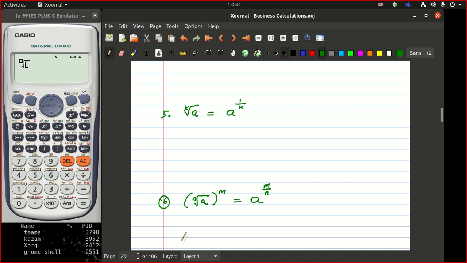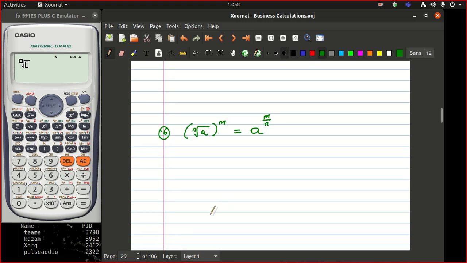And of course, the last one here that I want you to also realize, if you are having a raised to a 0, this one is just equal to 1. So if you are having any number here raised to 0, you must know that it must be equal to 1, except a.